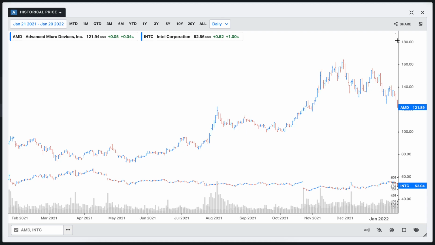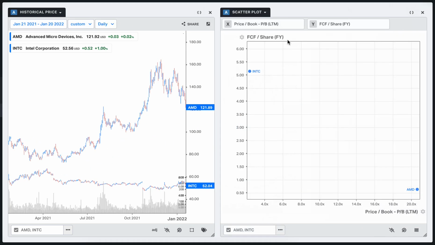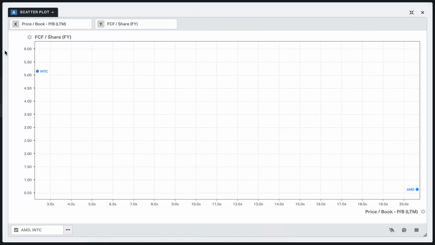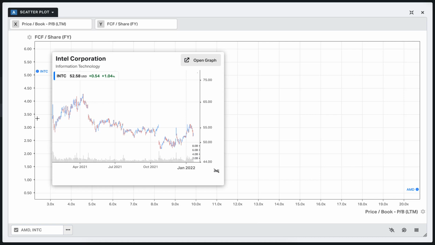So let's start by taking a look at the comparison, and we're going to start by comparing the price to book ratio and the free cash flow per share for each of the two companies. And what is this graph over here? This graph basically combines the price to book ratio on the x-axis with the free cash flow per share on the y-axis.